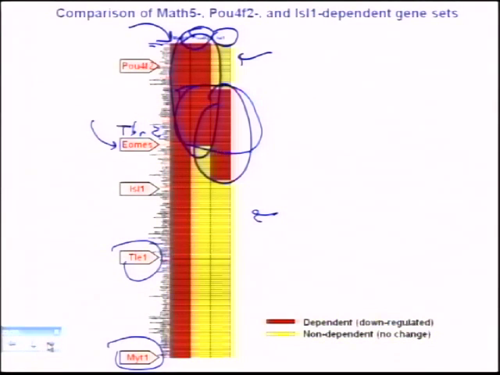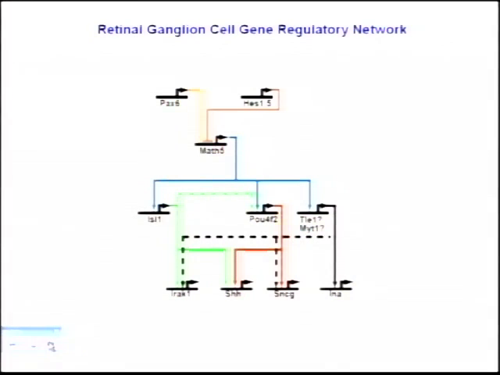So this gives us the opportunity to create a gene regulatory network. And what I'm going to show you is just one component of the network that we've created. We've published much more extensive networks, but here's one component, just trying to give you an idea of what's happening.